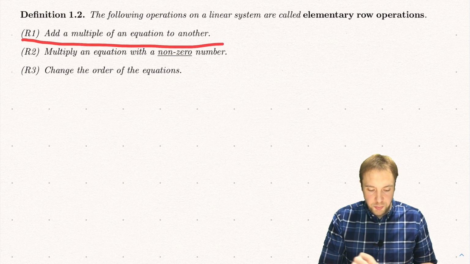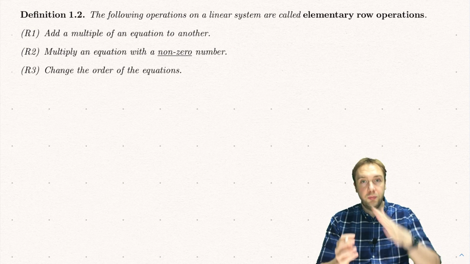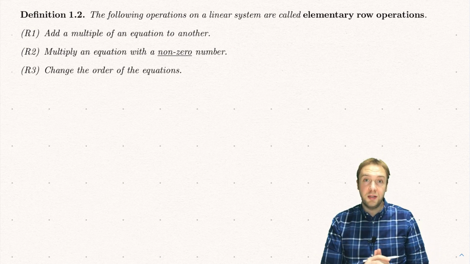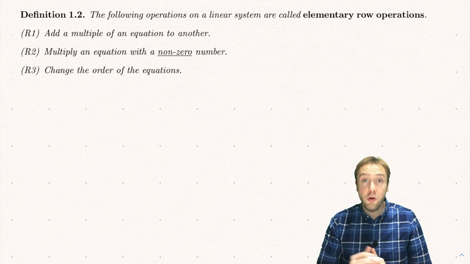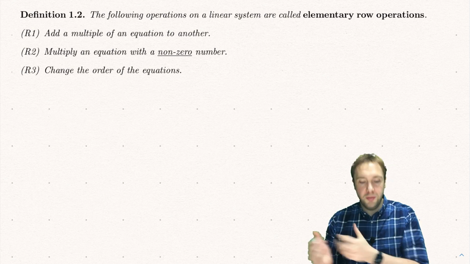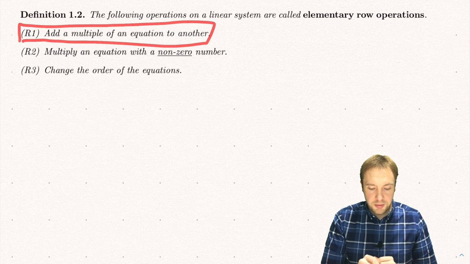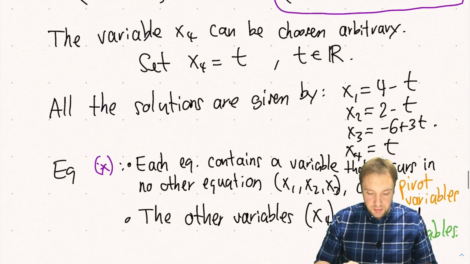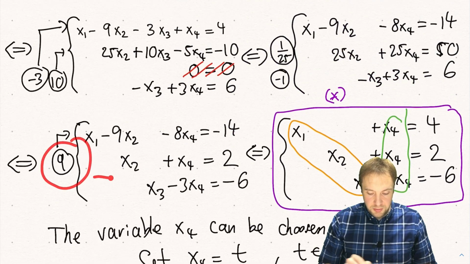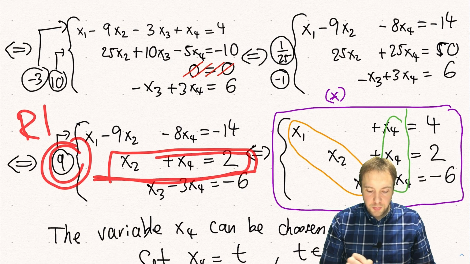If we have a linear system, meaning we have a finite collection of linear equations, then we can apply one of these three row operations to this linear system and get a new linear system. And the first row operation, which we denote by R1, is adding a multiple of one equation to another, which we did, for example, here. So here we used this R1, adding 9 times the second equation to the first.